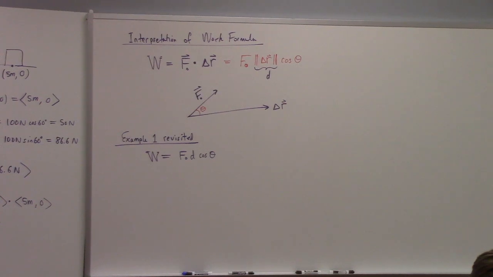Like how we did the change in R, R2 minus R1, D should always be the distance from the initial point to the final point. So a way to calculate that is to take R2 minus R1 and then calculate the length of that vector. Does that make sense?